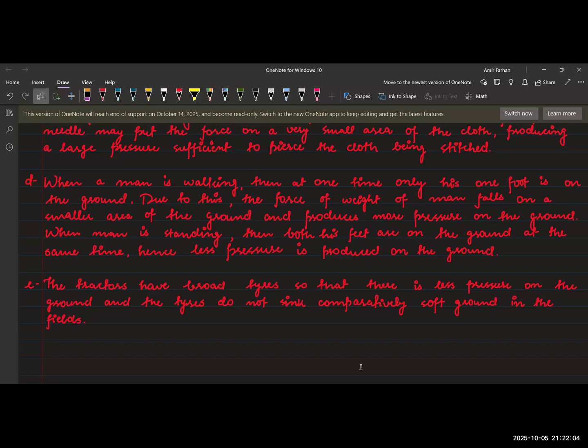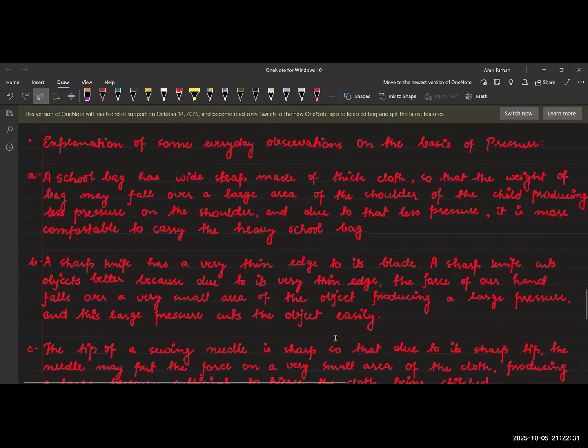But if you make the tires very big in size, the area is much more. So the pressure exerted by the tractor's weight would be distributed all over the tire, and hence the pressure would be smaller as compared to the smaller tire. So that's why the bigger tire does not sink into the soft ground or soil. Clear, all of you? Yes. Great. All of you, please note this down.